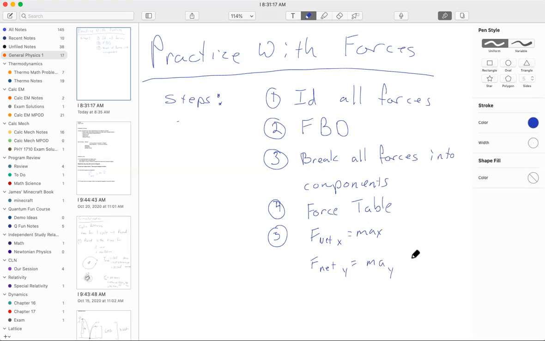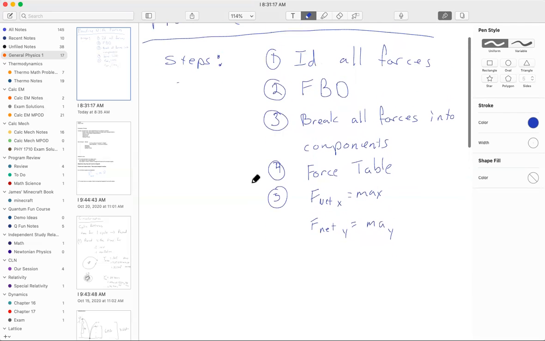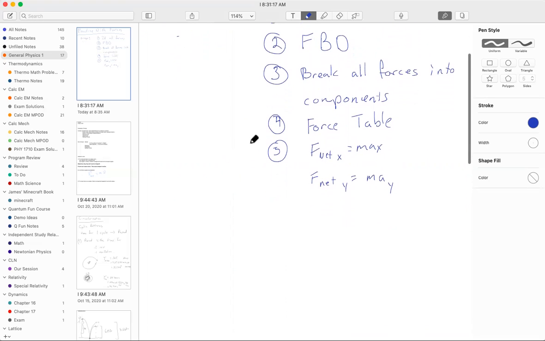That is the basic strategy for solving a problem involving forces, and you would do this for each object that's relevant. Each relevant object in the problem would get its own free body diagram.